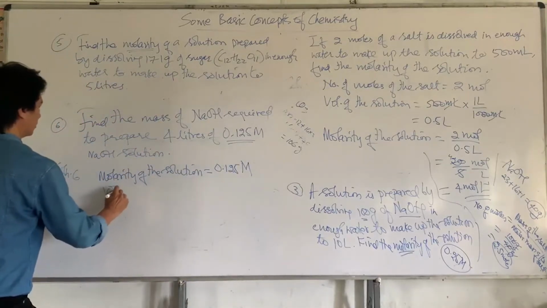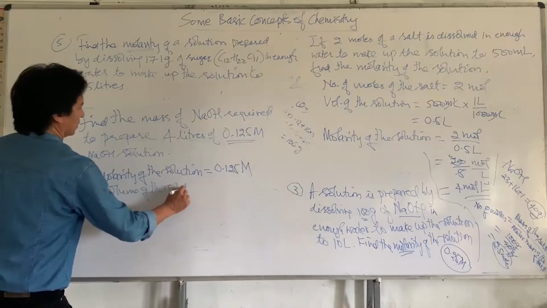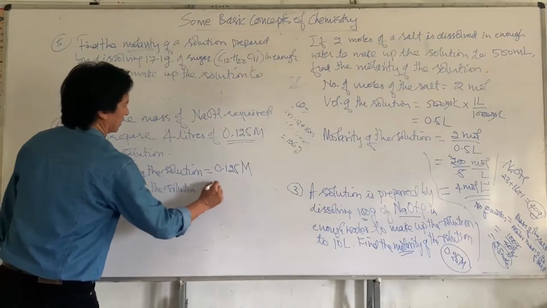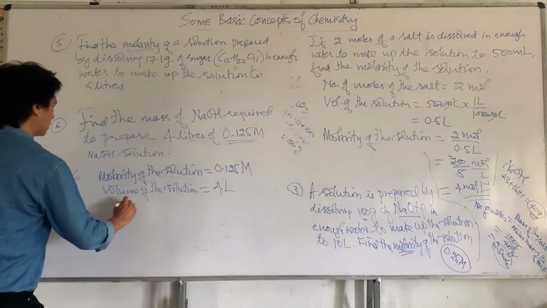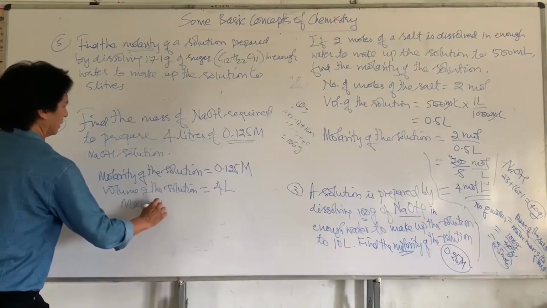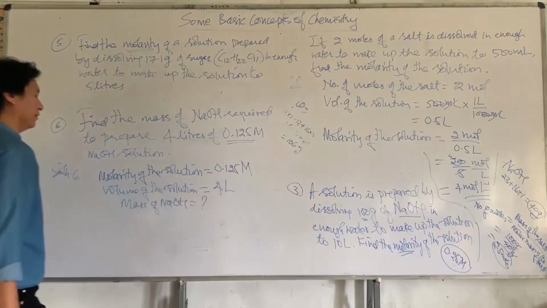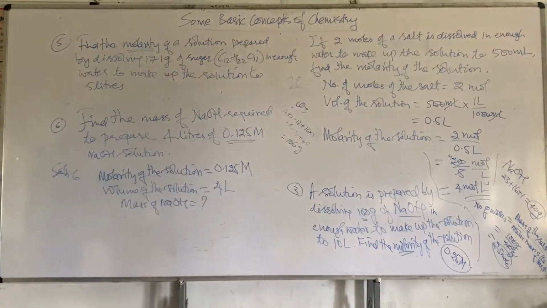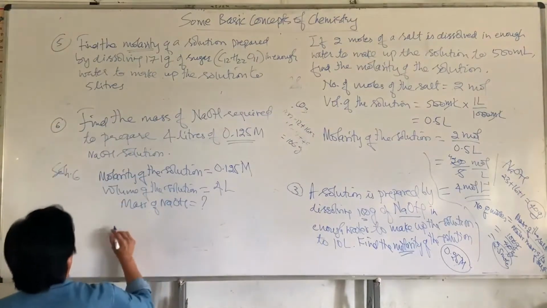Now volume of the solution is, okay, directly 4 liters, you can take 4 L. Now what we are asked to find is mass of NaOH. What is the mass? This is what we need to find. And for this, you know this expression molarity of the solution, right? So just put it this way.